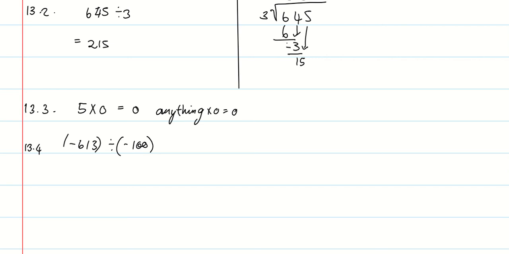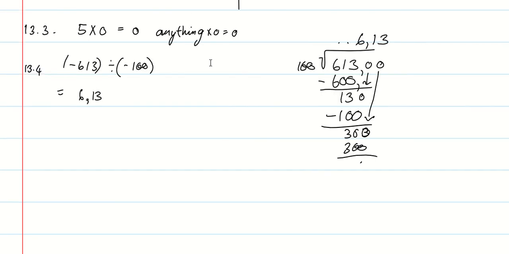What did you guys get? Question number 13.5. So there is the calculation of the long division. There is other ways, as noted now in class. You can simplify the fractions. You can write it as a fraction and simplify that way. And then you can get to 6.13 as well.